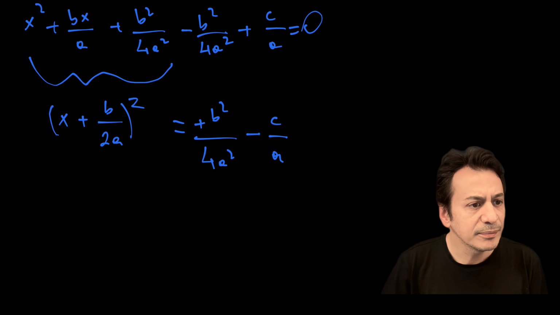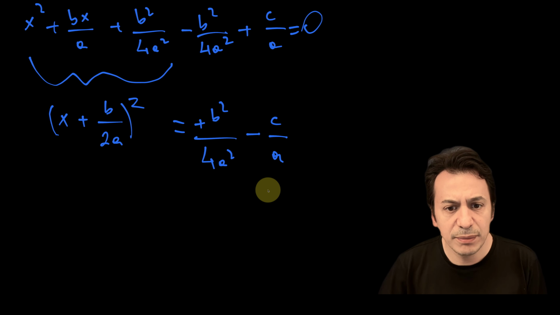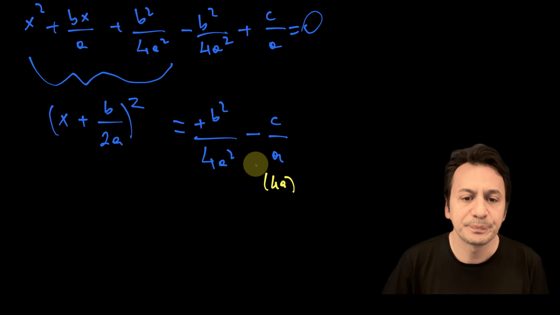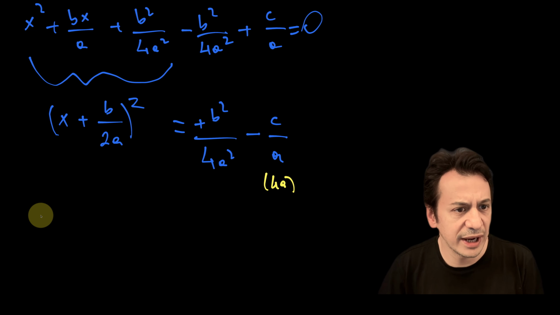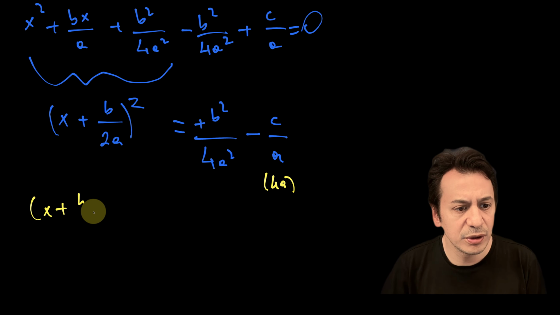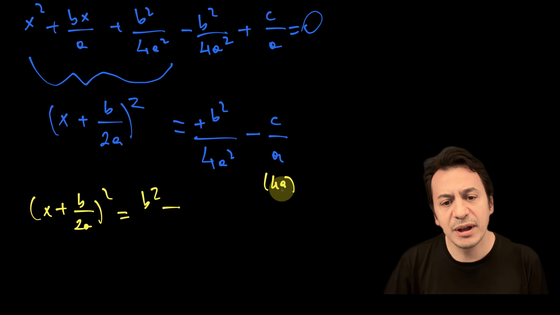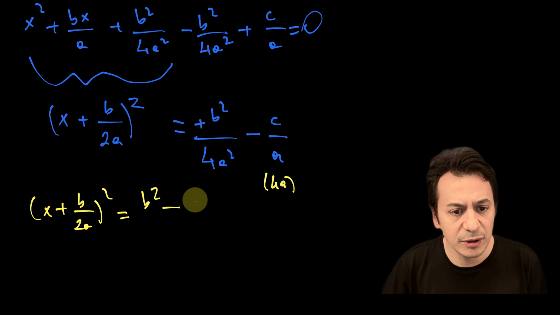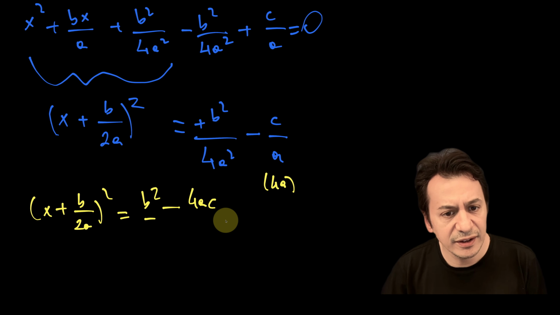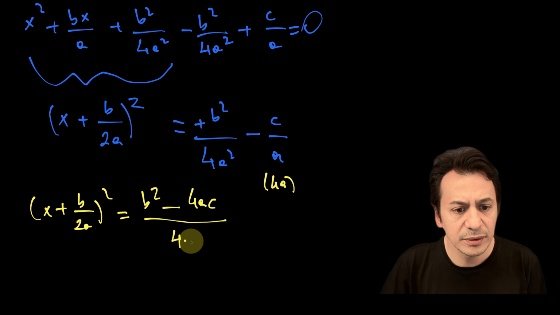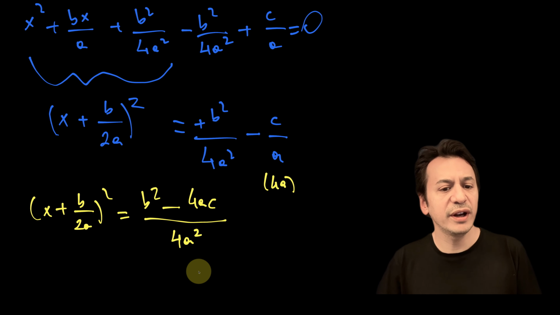At this point, I can expand this fraction by 4a in order to make the denominators the same. So let's rewrite it. x plus b over 2a, squared, equals b squared minus, now when I multiply 4a by c, it becomes 4ac, and the denominator will be 4a squared.